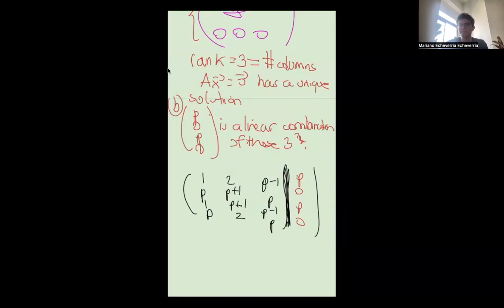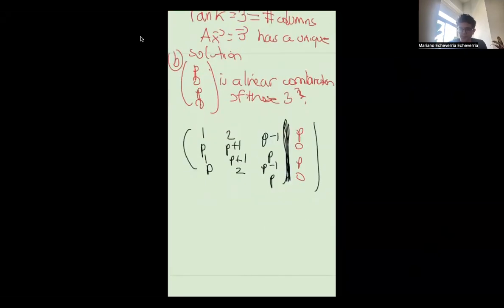So you start reducing this matrix. What does it mean for this to be a linear combination? It means this system must have a solution. So you have to reduce the matrix to see for what values of P this has a solution, one or infinitely many.